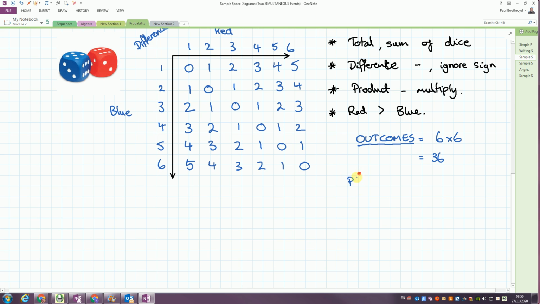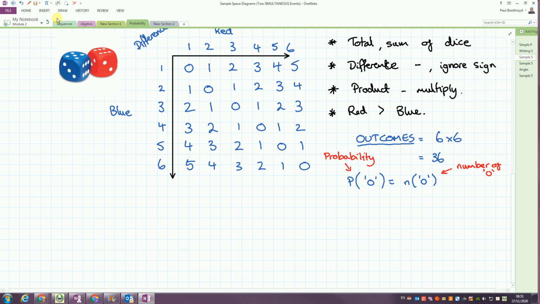So we could ask the question, what's the probability of scoring 0? N is how many zeros there are. How many zeros are there in my answer grid? 6, yep. P0 means probability. So we've got 6.